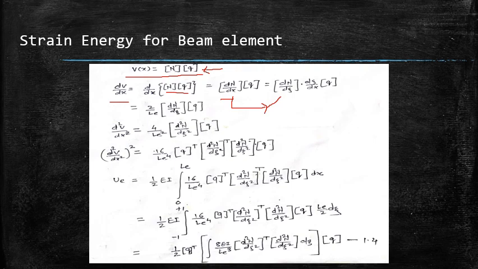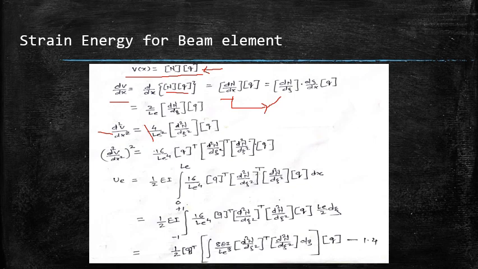So this is further simplified as dv by dx is equal to 2 by Le dN by d zeta into q. You might be remembering this expression, dx is equal to Le by 2 d zeta. Then taking the second derivative, I can write d2v by dx square as 4 by Le square d2N by d zeta square into q.